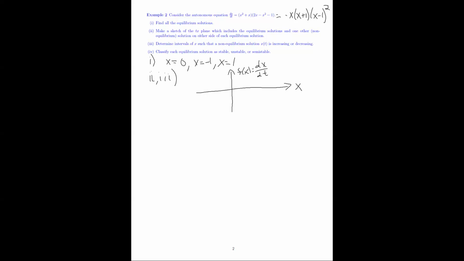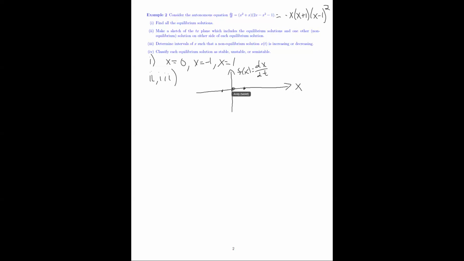We have a fourth order polynomial, so a polynomial of degree 4 is what I mean there. Our points that intersect with the x-axis are negative 1, 0, and 1.